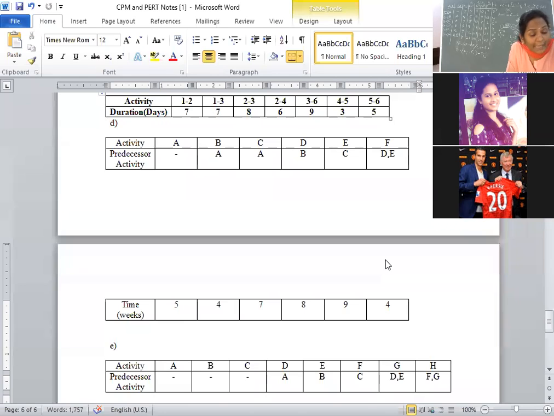Right now, calculate slack. What is slack? The difference between L1 and E1. That is, L1 value is 0, E1 value is 0. L1 minus E1, that is 0. Similarly, for node 2, calculate slack value. L2 minus E2, the value is 5 minus 5, 0.